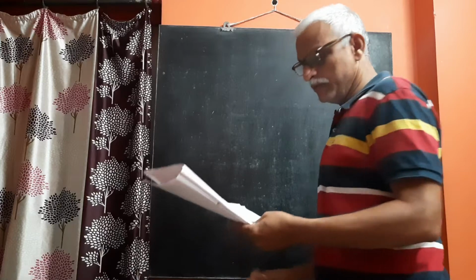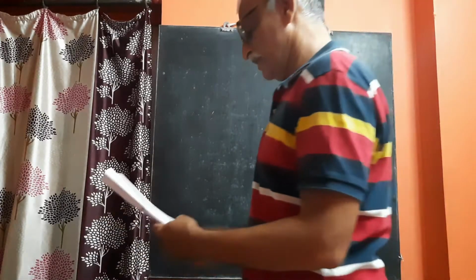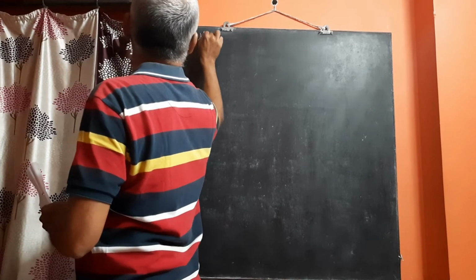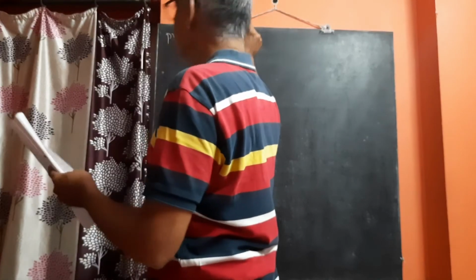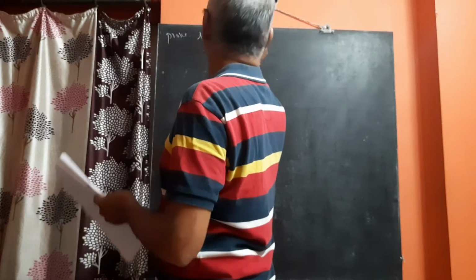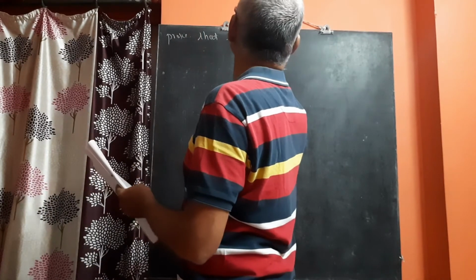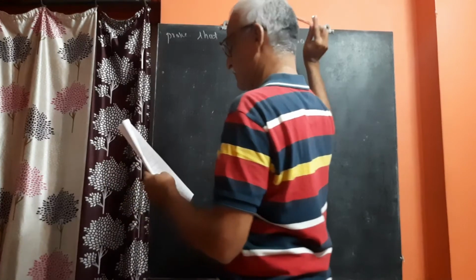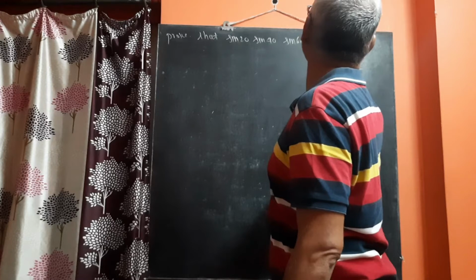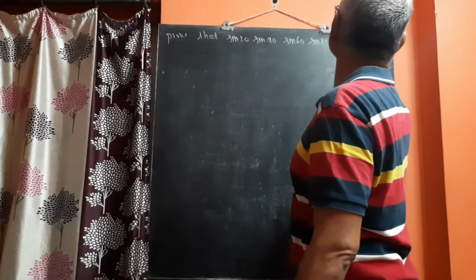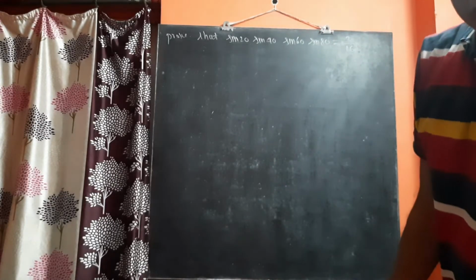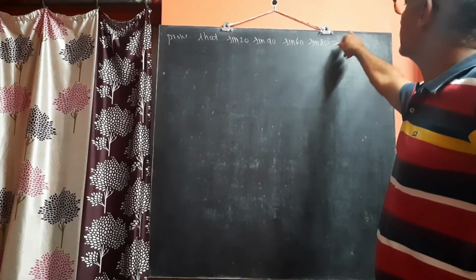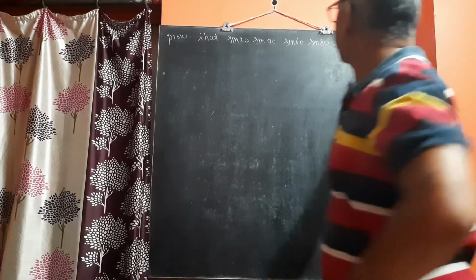See here, the problem is: prove that sin 20 sin 40 sin 60 sin 80 is equals to 3 by 16.